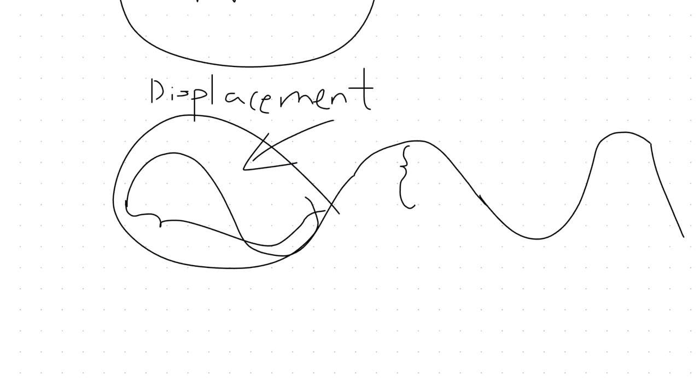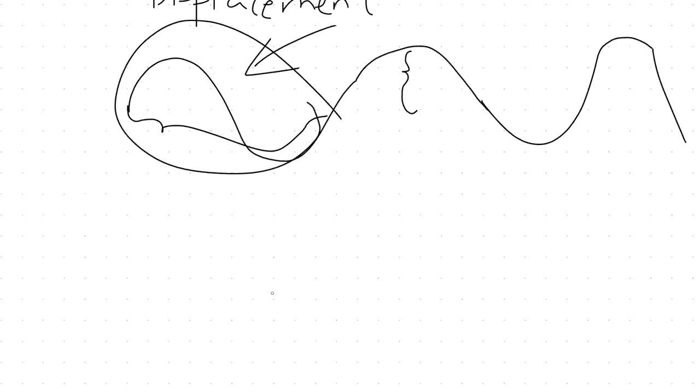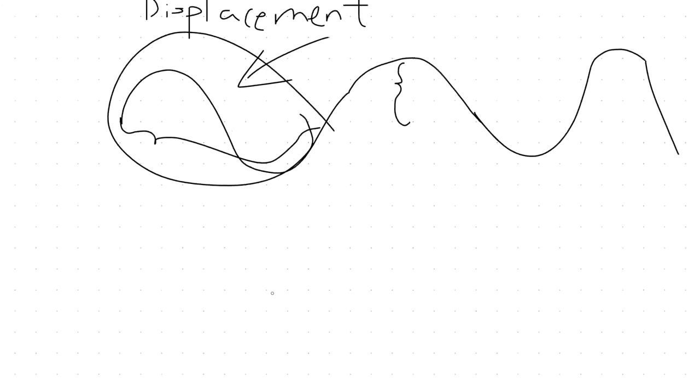Okay, right. And the next thing that we want to talk about is period and frequency. So frequency is basically in 1 second, how many of these wavelengths pass through a certain point?